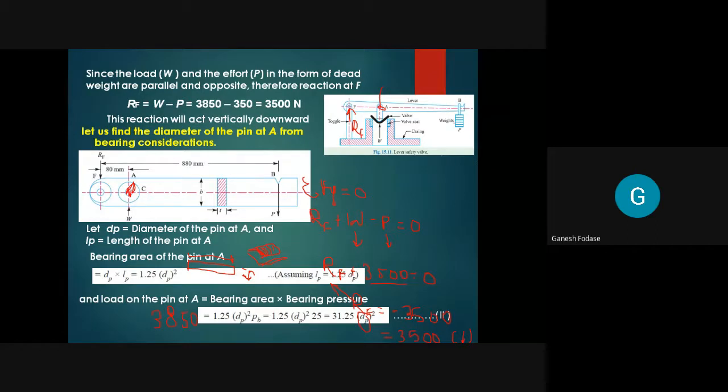P is known, W is known. Then by using summation of Fy is equal to 0, we get REF. And after that, we find out area of the pin, or you can say dimension of the pin will be determined. That is, DP and LP we find out. Next step, think about what other dimensions we can find out of this lever and safety valve. That's all from today's lecture. We'll see in next lecture.